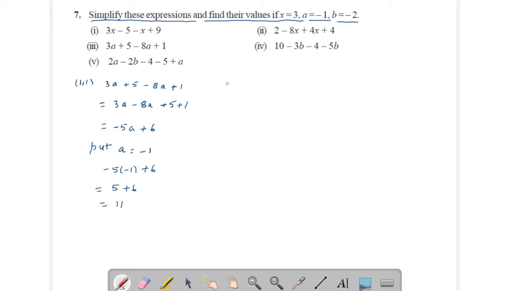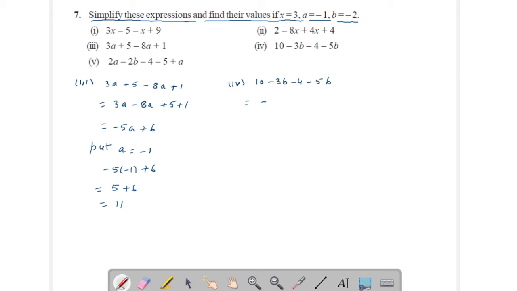Now come to fourth part. It is 10 - 3b - 4 - 5b. Solve this. Collect the like terms.